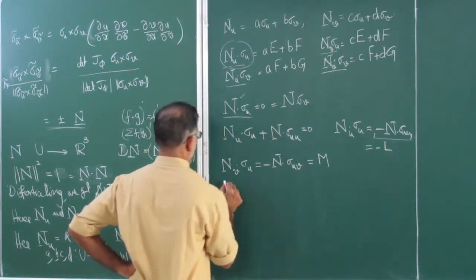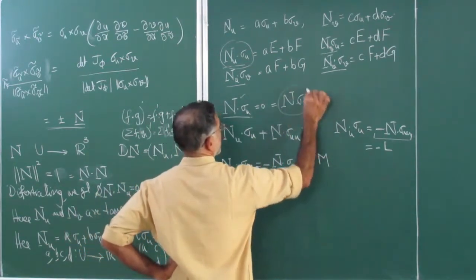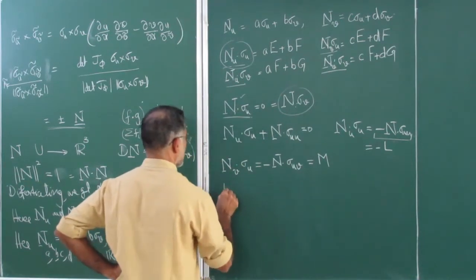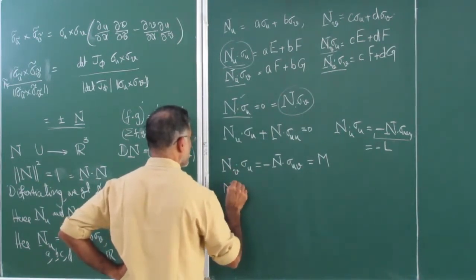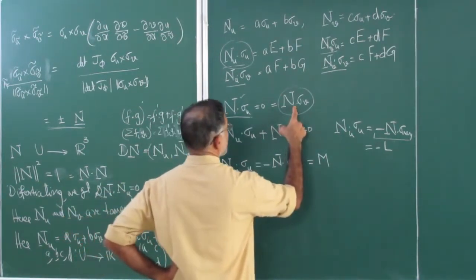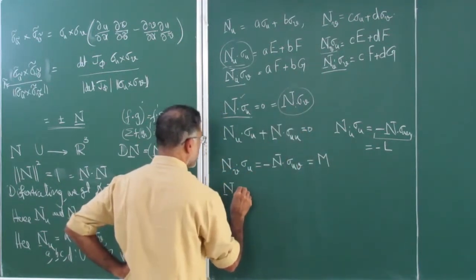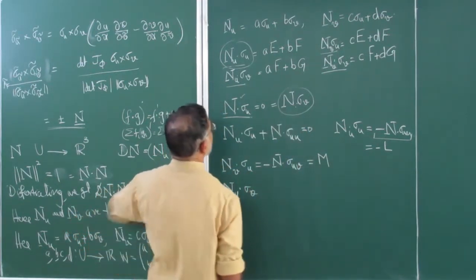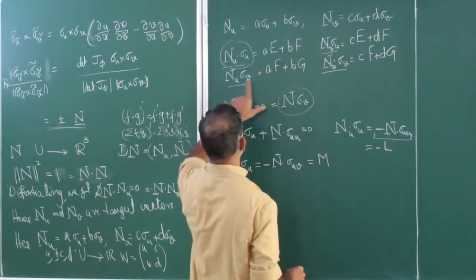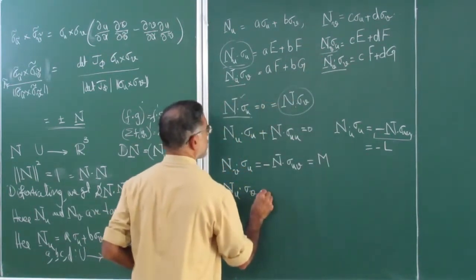Next is this side. Let us differentiate that with respect to u first. So what do you get? n_u · σ_v, that we require somewhere. What will be that?